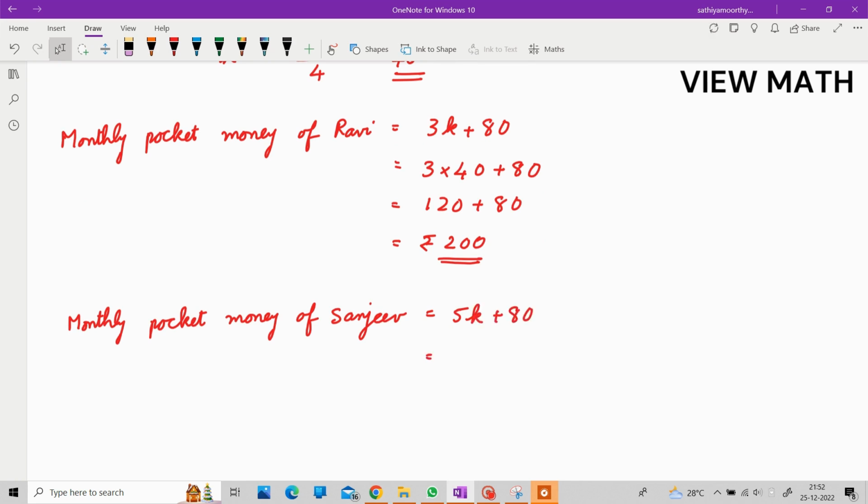This is equal to 5 times the k value, just now we found out it is 40, plus 80. This is equal to 200 plus 80. This is equal to rupees 280. So the monthly pocket money of Sanjeev is 280 and monthly pocket money of Ravi is 200.